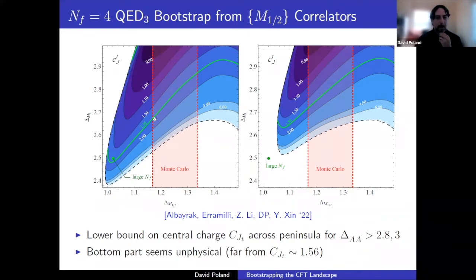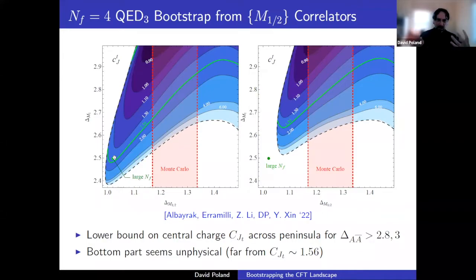And so you can see that in the left plot, I assumed delta AA bar was bigger than 2.8. And actually that lower bound on the topological current central charge becomes right near its large N estimate in a place which coincides with the dimensions of the monopoles being near their large N estimates.